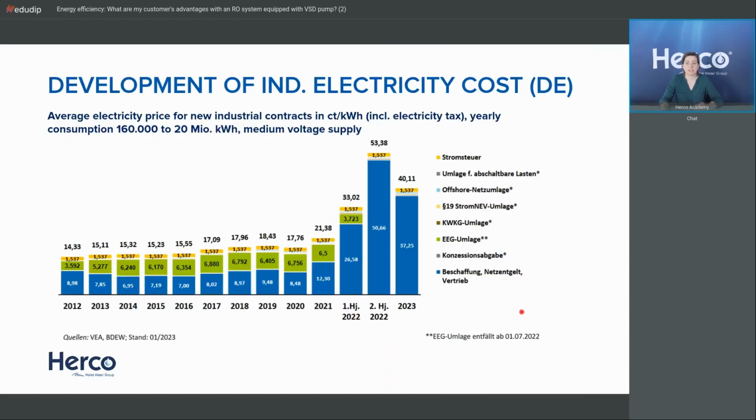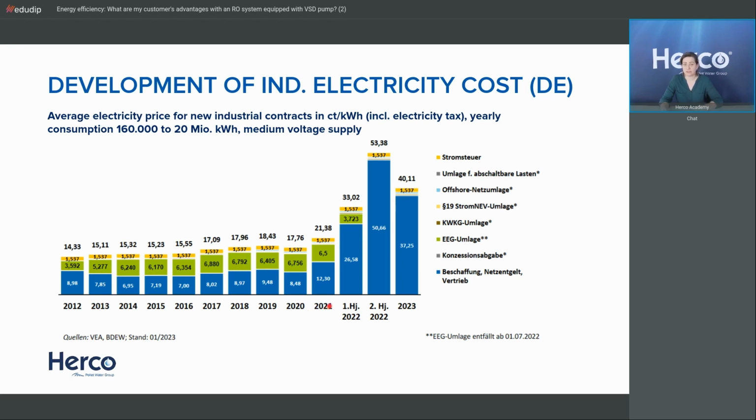Okay, let's have a look at the development of electricity cost. This is the data for Germany. Germany has a pretty high electricity cost worldwide and in the European Union. But we'll see that there's a similar development for other countries. Here you can see the cost has been relatively stable. This is for industrial consumers, okay?